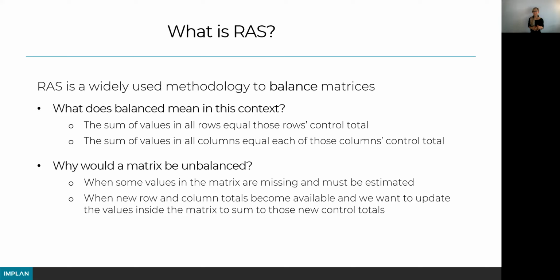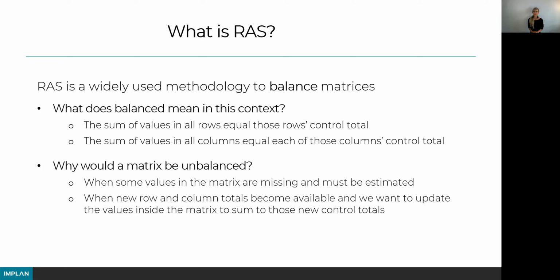Usually we have a lot of estimates that we put in there, and that makes it such that the sum of the values in a row don't equal that good control value that the sum of the values in that row need to equal. And therefore we have to adjust up or down the values in that row so that they do sum to that, okay? And we'll get into more of that later.